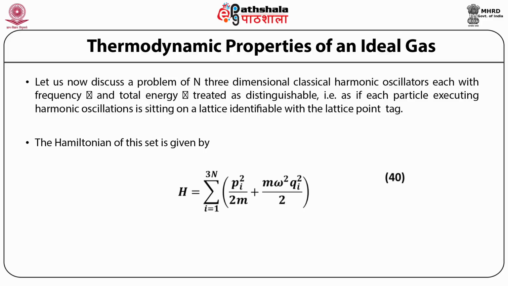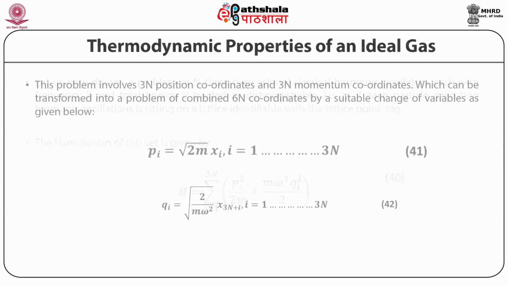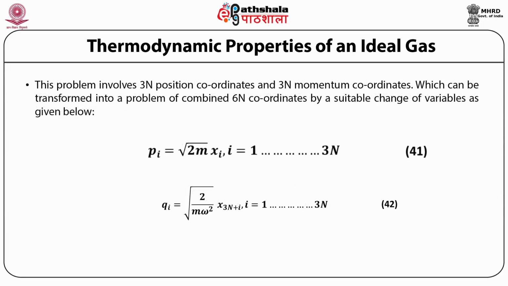The Hamiltonian of this set is given by H equal to summation over i equals 1 to 3N of pi²/2m plus m omega² qi²/2. This problem involves 3N position coordinates and 3N momentum coordinates, which can be transformed into a problem of combined 6N coordinates by a suitable change of variables as given below.